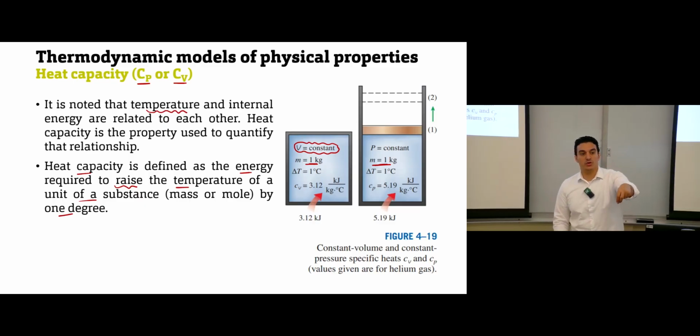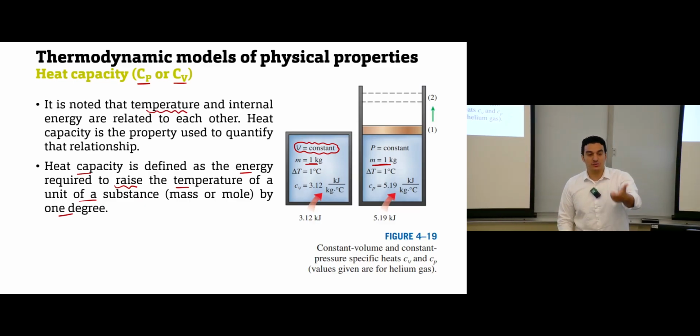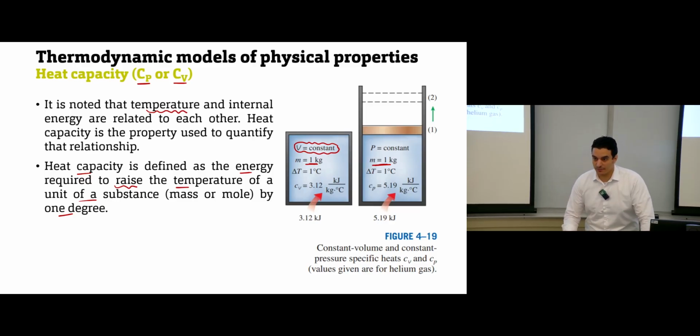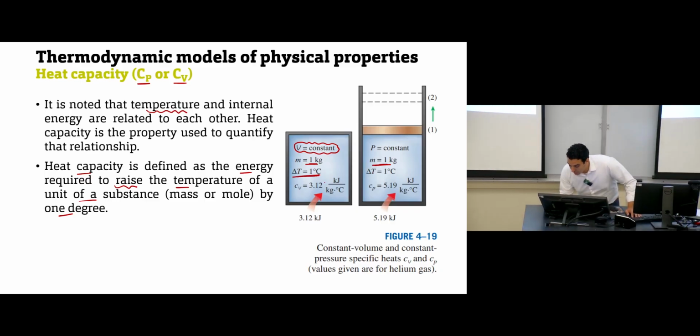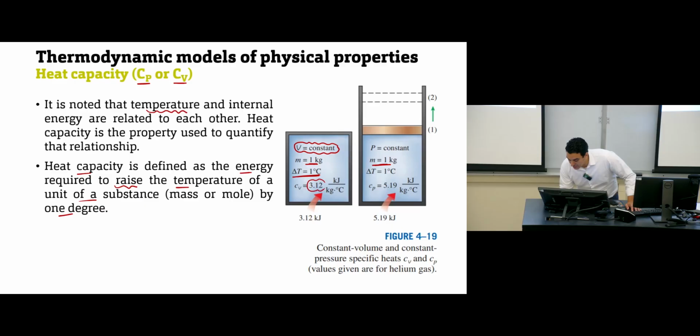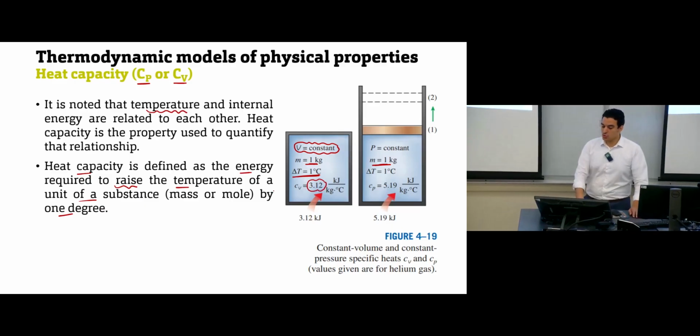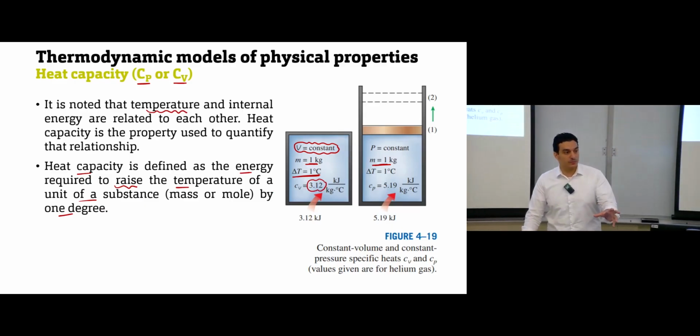So we put 1 kilogram of a substance in this tank and start to apply energy, or heat, to it. And then we found that in order to increase the temperature by 1 degree Celsius, the amount of heat needed is 3.12. So we need to add 3.12 kilojoules to 1 kilogram of this substance to increase its temperature by 1 degree Celsius.